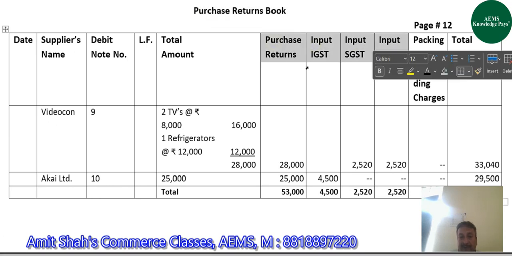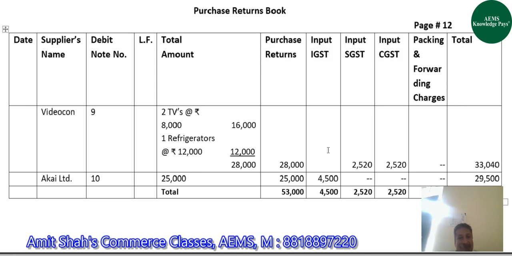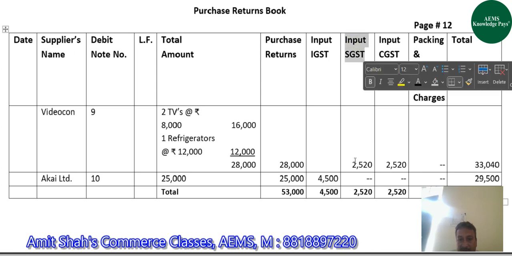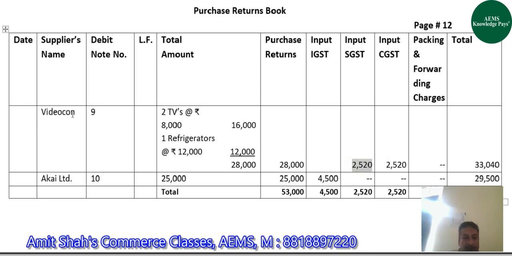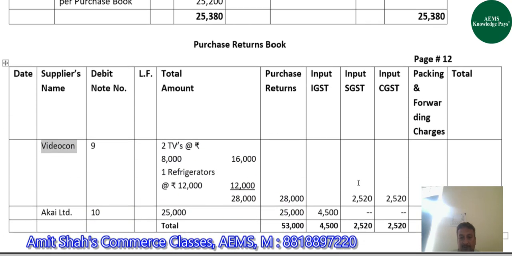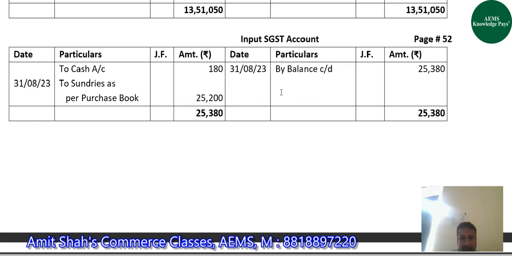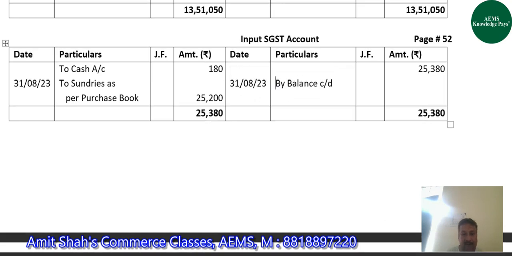So on the credit side of the input SGST account we will write by Videocon with 2,520.